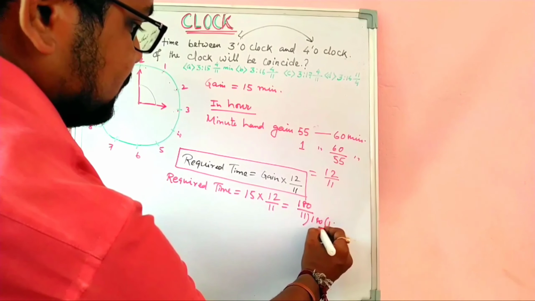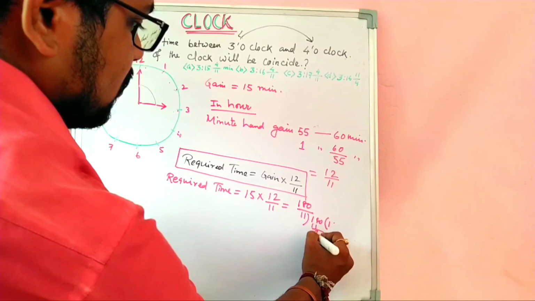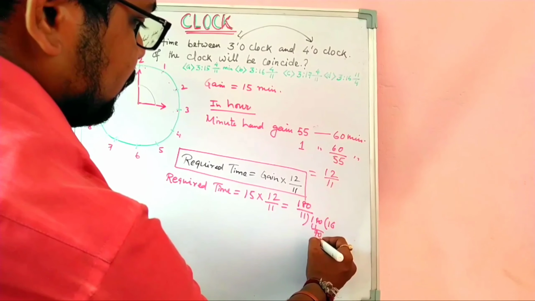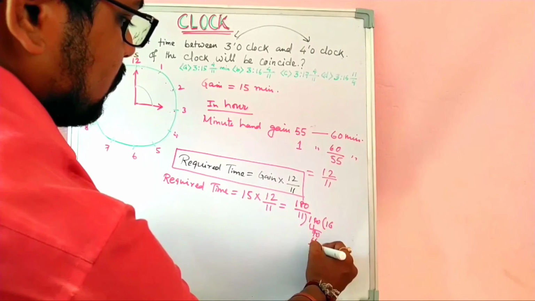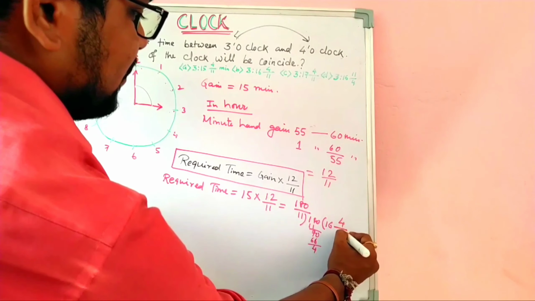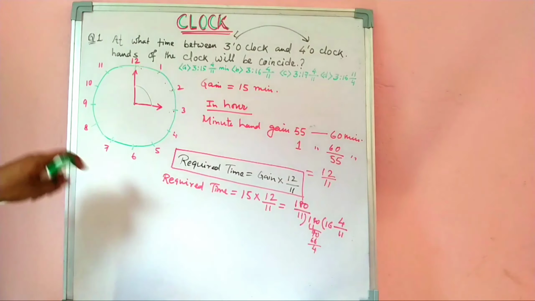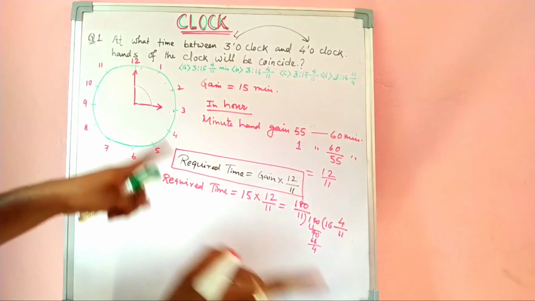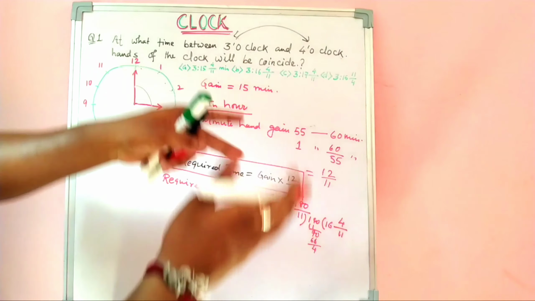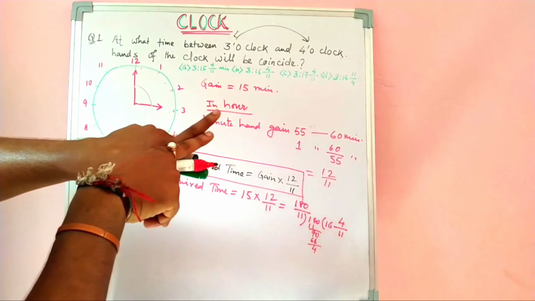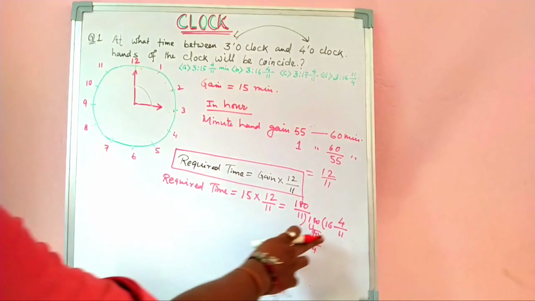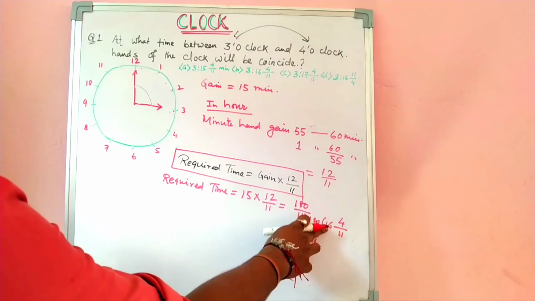this is coming 16 4 by 11. 16 4 by 11, that means 3 PM had already passed. After 3 PM, when will they match? They will coincide with each other at 16 minutes and something.